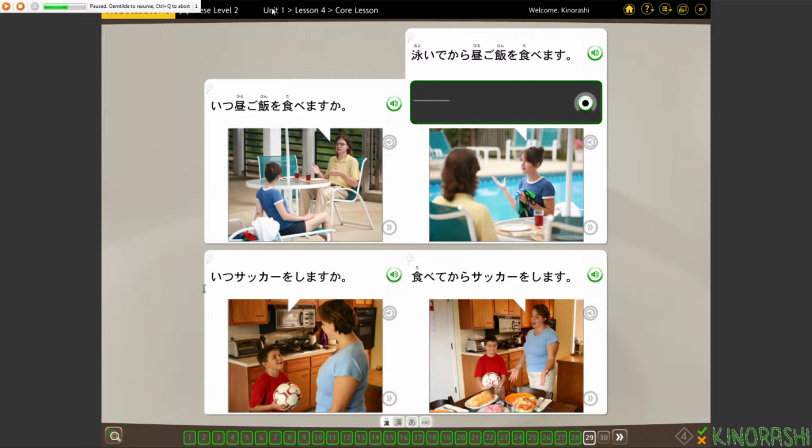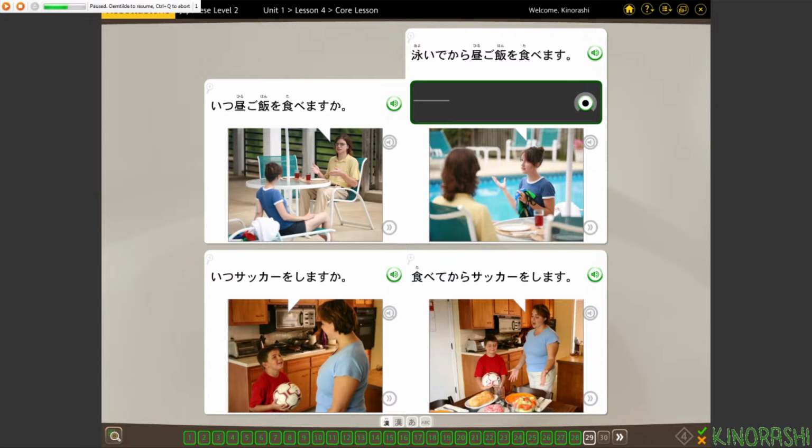Let's see, kara hiru gohan wo tabemasu. Oyoi de kara, swim and then have lunch.